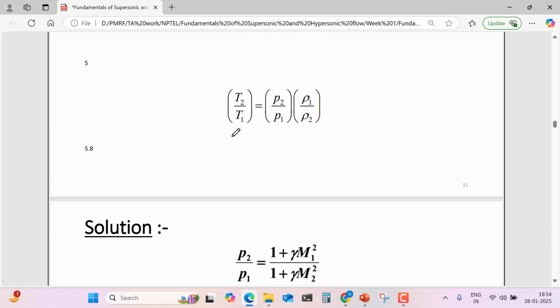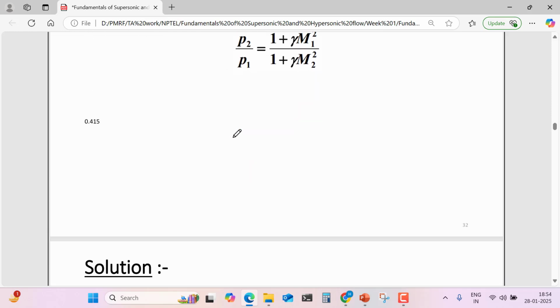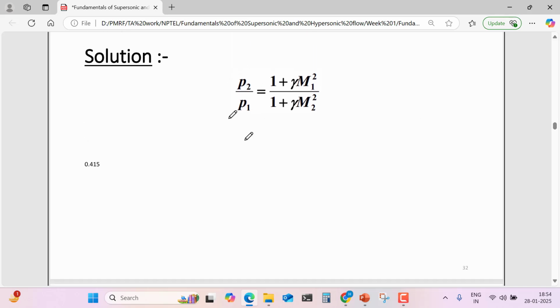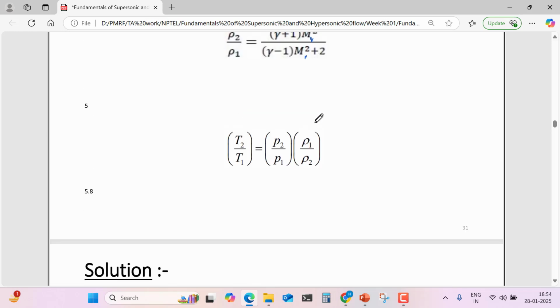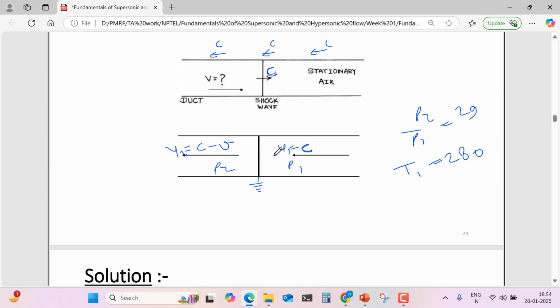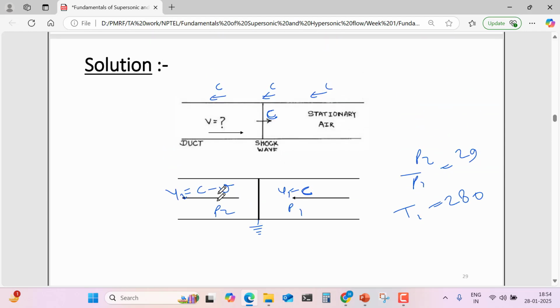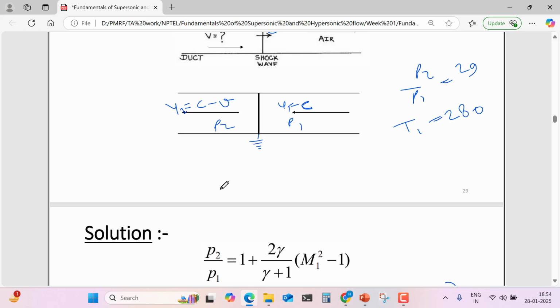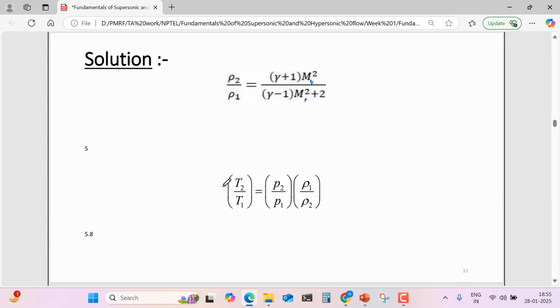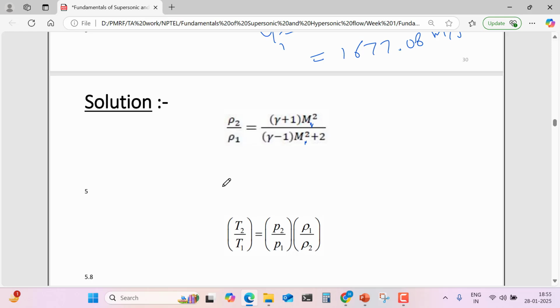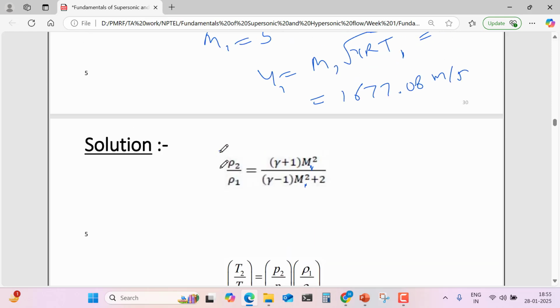There are many ways to find it, so we can use this formula also directly: P2 by P1 equal to 1 plus gamma M1 square upon 1 plus gamma M2 square. For finding V we need T2 and M2. First we will find rho 2 by rho 1.